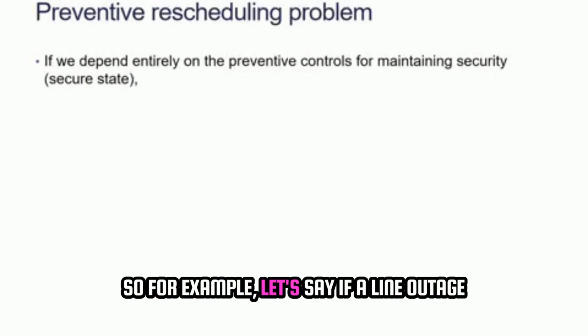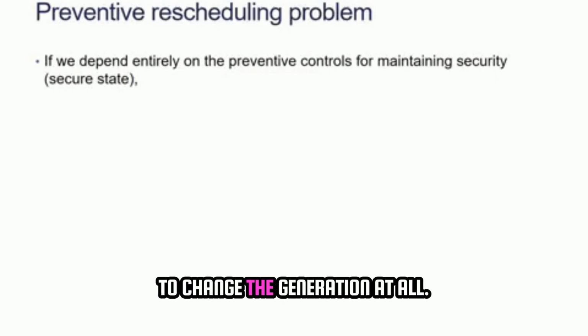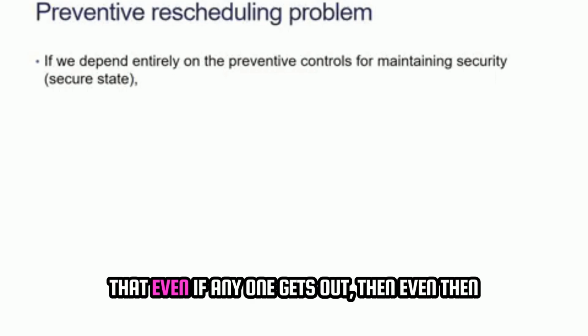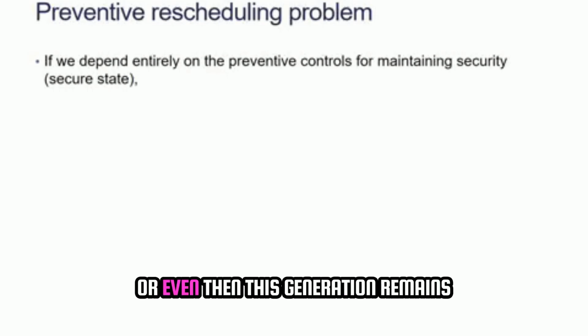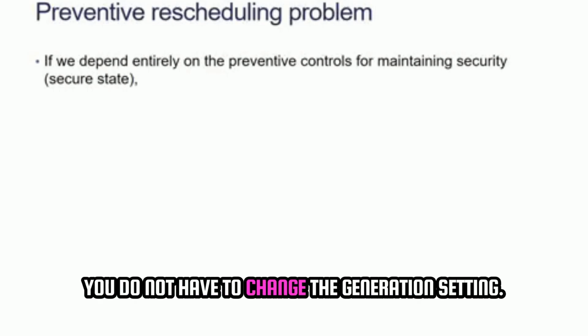For example, if a line outage takes place, you do not have to change the generation at all. Every generator will keep running in such a way that even if any one line gets out, the system always remains in the secure state, and the generation remains at its original value. You do not have to change the generation setting.